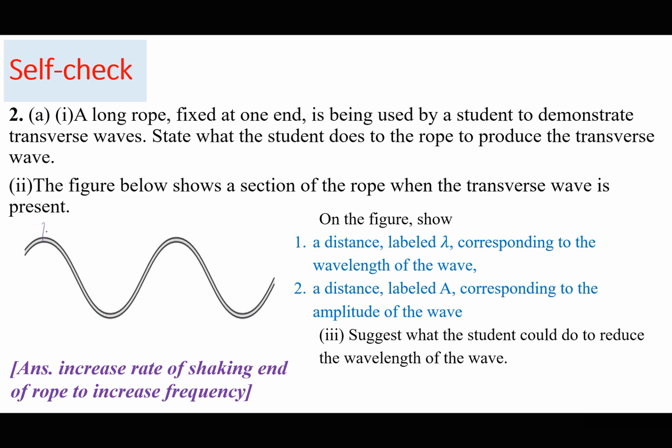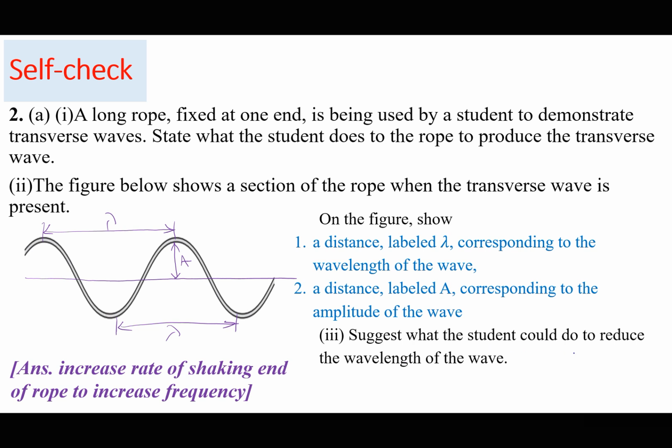Wavelength can be the distance between two successive peaks, or between two successive troughs. So this is wavelength. The distance labeled A represents the amplitude, so I will draw a horizontal line through the wave, and the amplitude is that distance there.